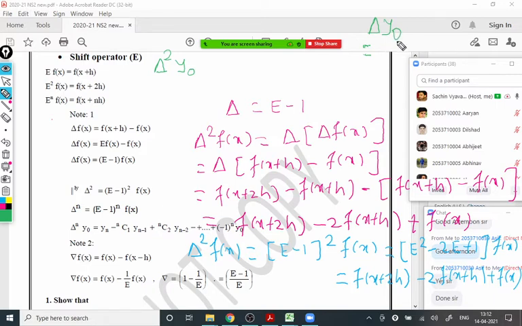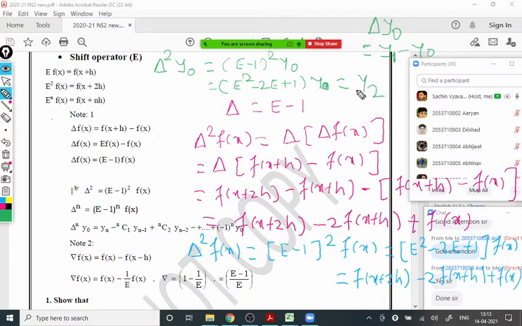The next value of y0 is y1. So delta y0 should be y1 minus y0. In some cases, the results are asked in delta y0 notation. So you should do it a similar way. So here you can do (E minus 1) square of y0. So that is E square minus 2E plus 1 of y0. And now if you observe, E square of y0 is actually y2, meaning we have to shift 0 by 2 places, so it is y2.